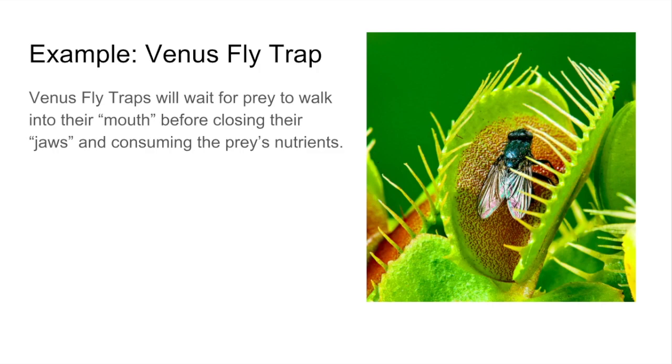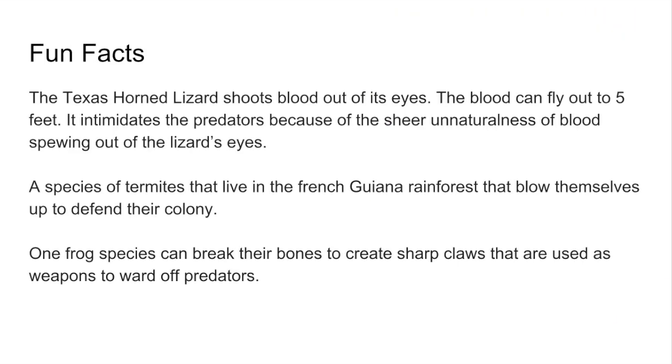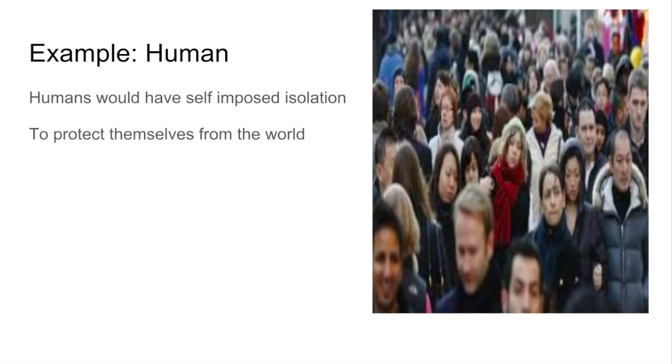Venus flytraps will wait for their prey to walk into their mouth before closing their jaws and consume their prey's nutrients through liquefying the body. Another example of this is humans, who will typically put themselves through self-imposed isolation so that they can protect themselves from the dangers of the world. In conclusion, these are all different and varying examples of behavioral defenses.